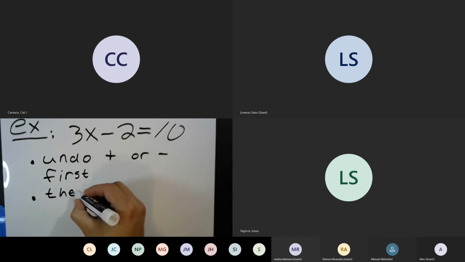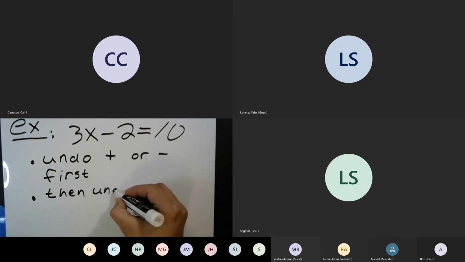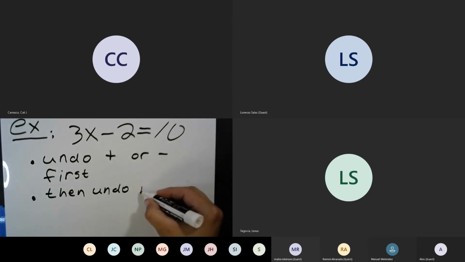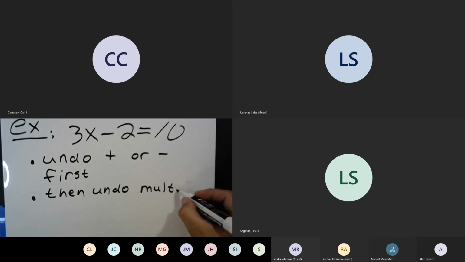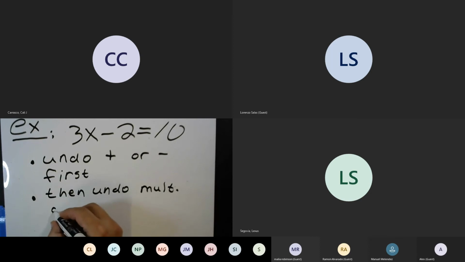Then undo multiplication or division. So we want to undo the addition or subtraction first, and then undo multiplication or division. What we're basically doing is PEMDAS backwards.